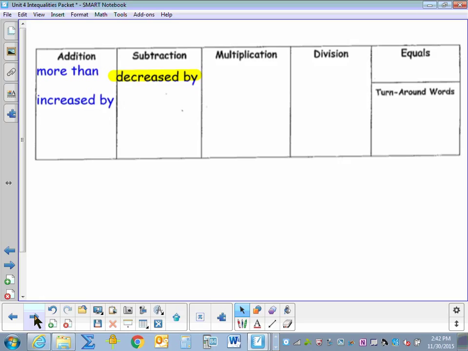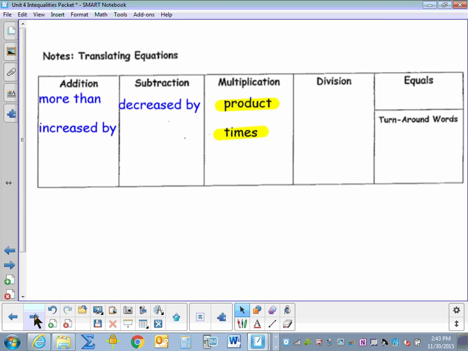Subtraction, we can represent with the words decreased by. For multiplication, we can use the word product or times.